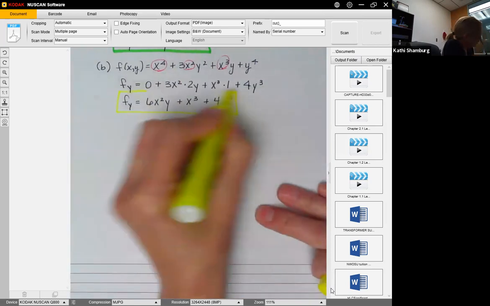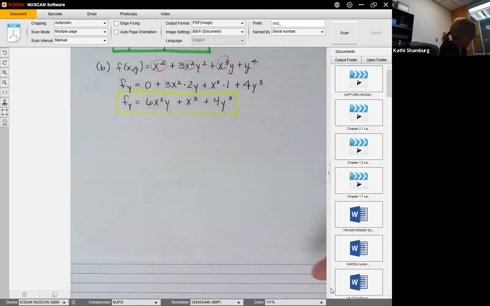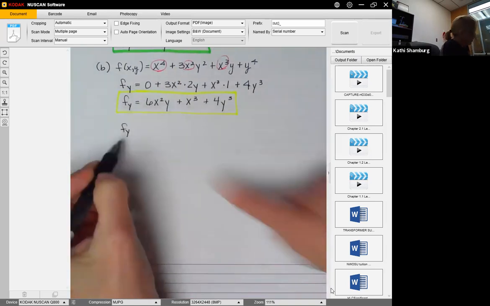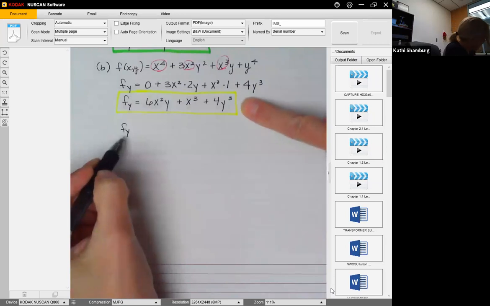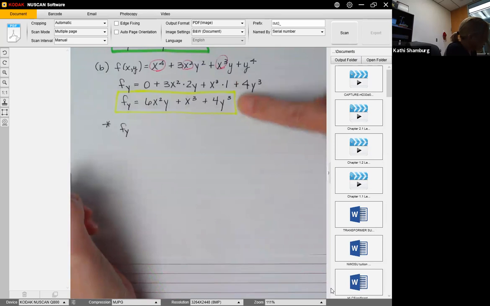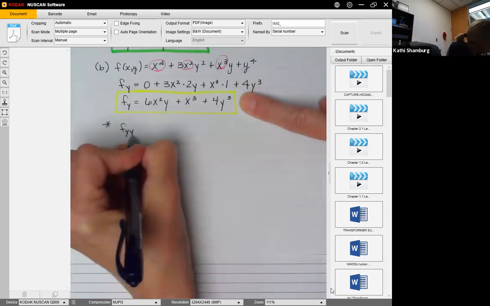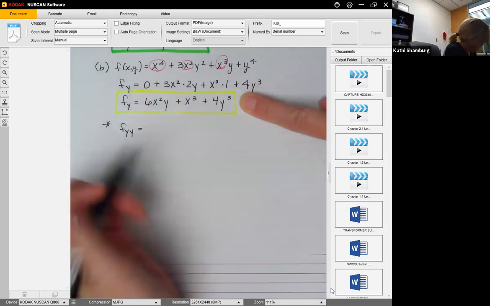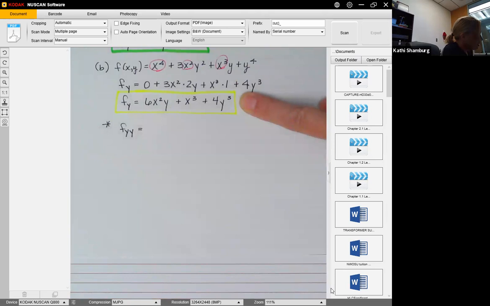So now we're going to look at second derivatives. So here's my first derivative with respect to y. Now in a second derivative, we're going to look at this derivative function and take its derivative with respect to y. So that means your x's are either constant multiples or constants.